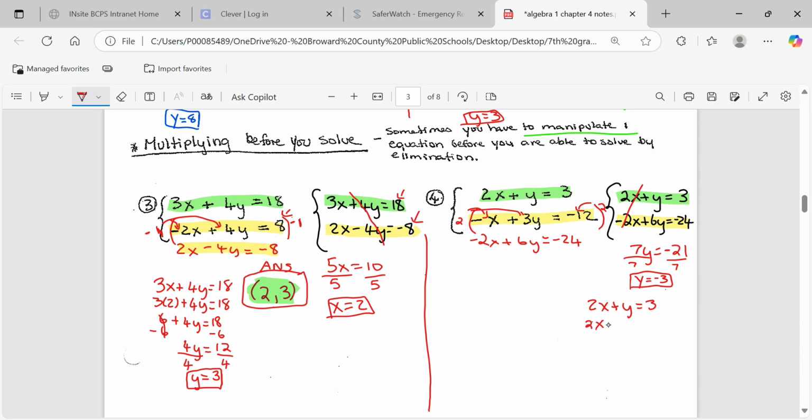So 2x plus negative 3 is going to equal 3. 2x minus 3 then is equal to 3. Then I would add 3 to both sides. And 2x is equal to 6. And divide both sides by 2. So now x is equal to 3. So the solution to my system is 3, negative 3.